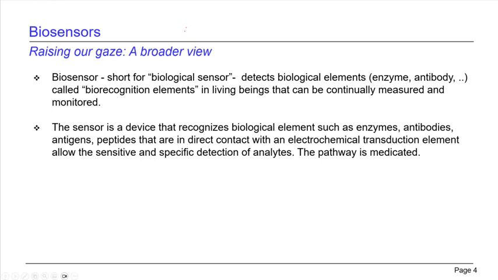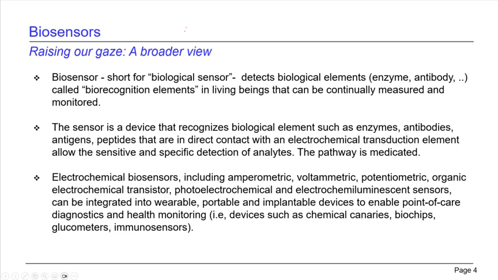It's a mediated pathway. Electrochemical sensors, including amperometric, voltammetric, potentiometric, organic electrochemical transistors, photoelectrochemical, and electrochemiluminescent sensors, can be integrated into wearable, portable, and implantable devices to help enable point-of-care diagnostics and health monitoring. These are devices such as chemical canaries, biochips, glucometers, and immunosensors.